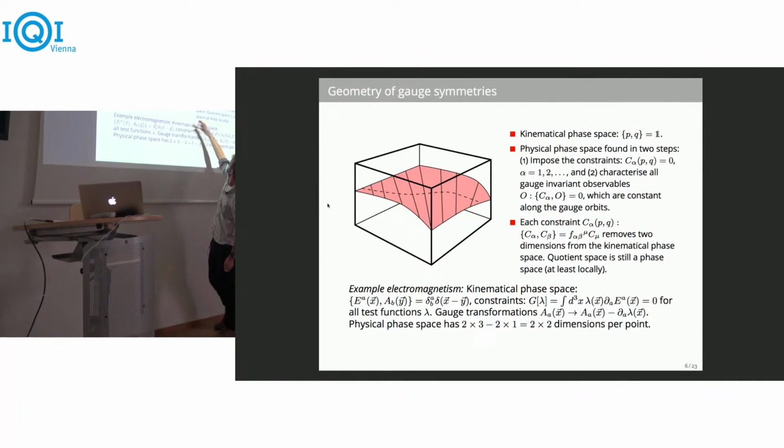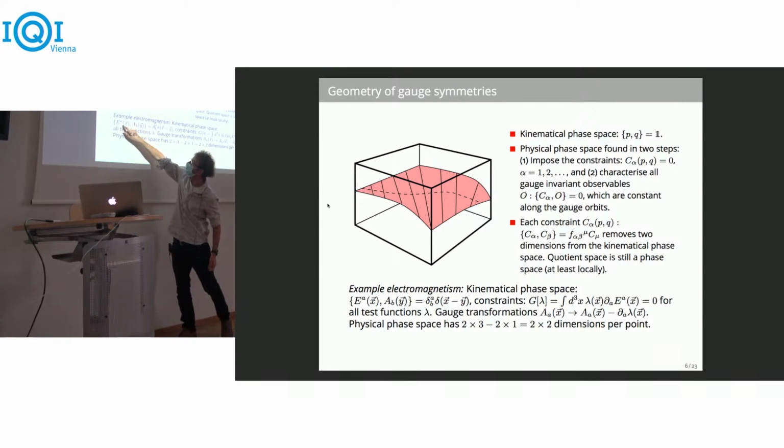Imposing a constraint removes two dimensions from the kinematical phase space, because we first go to the constraint hypersurface and then have to identify points on the orbit. And in the case of electromagnetism, this gives us 2 times 3.